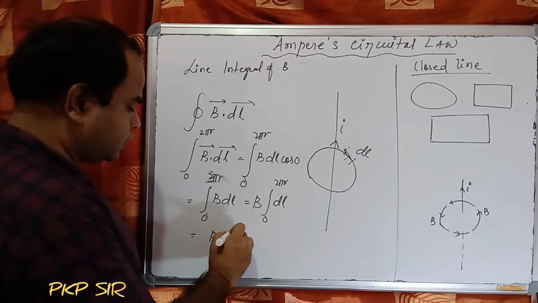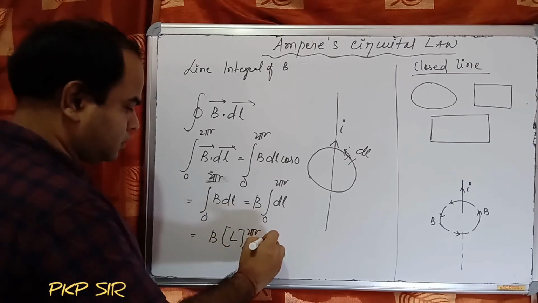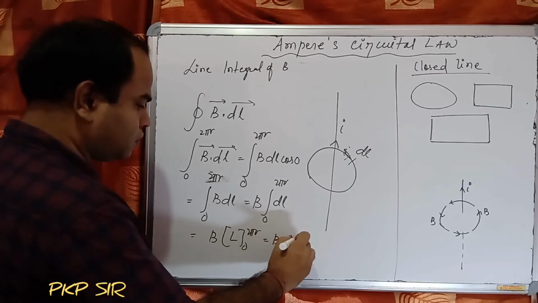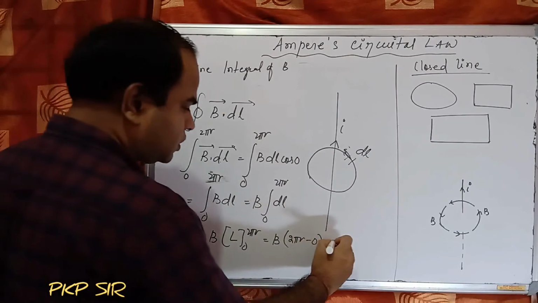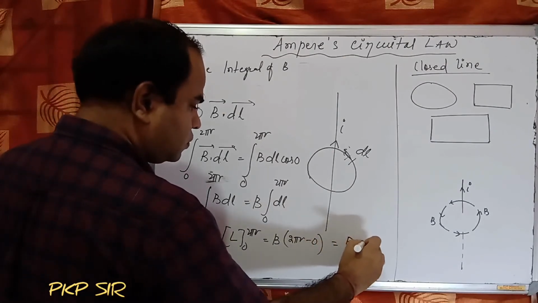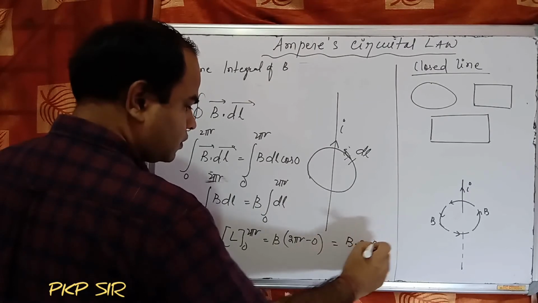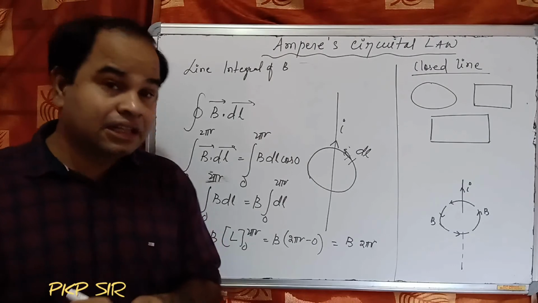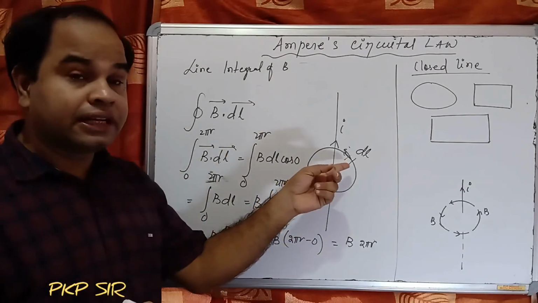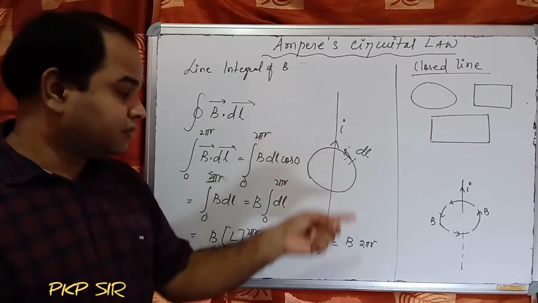The integration of dl is L, that is from 0 to 2 pi r. It is equal to B into 2 pi r minus 0, that is B into 2 pi r. So the closed line integral of magnetic field across this length has a value B into 2 pi r.